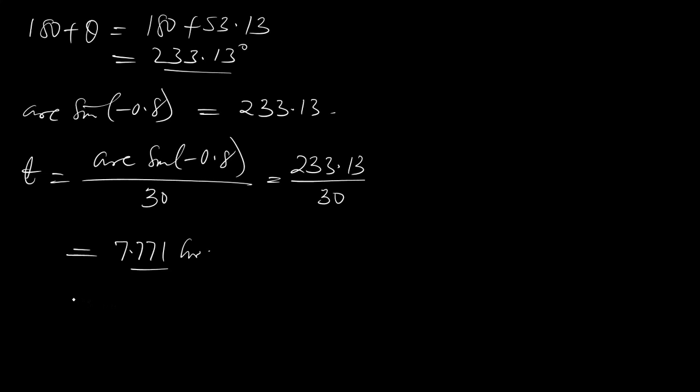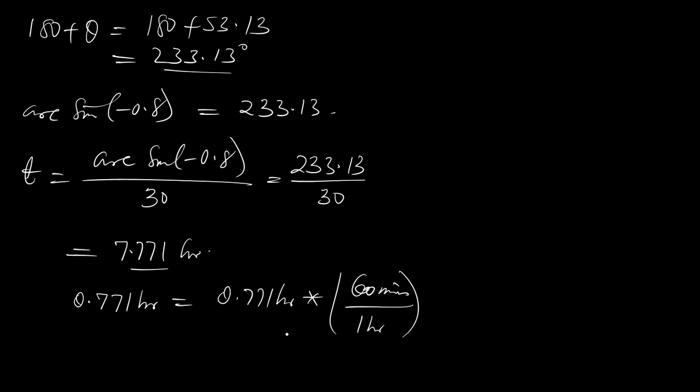0.771 hours is equal to 0.771 hours times 60 minutes divided by 1 hour.